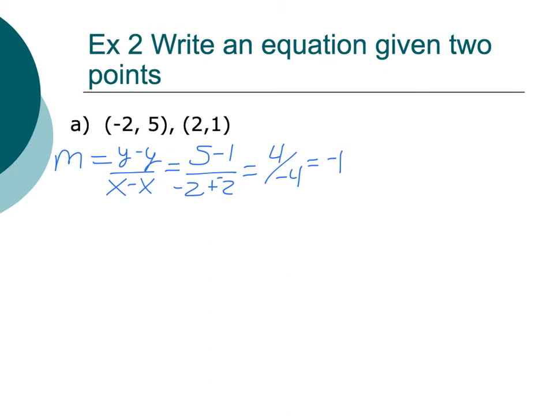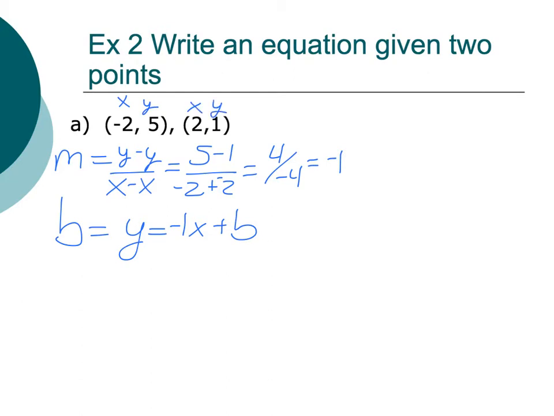Find your slope first. Now that I have my slope, I can find b. Y equals negative 1x plus b. In this case, I've given you two ordered pairs. Both of them have an x and a y in them. Pick one of them.